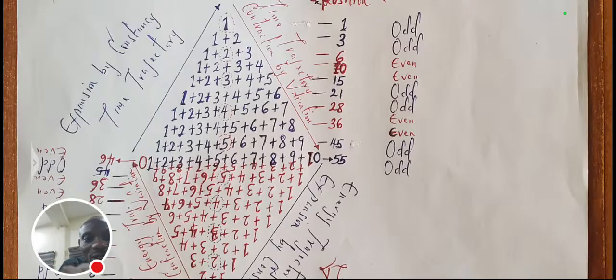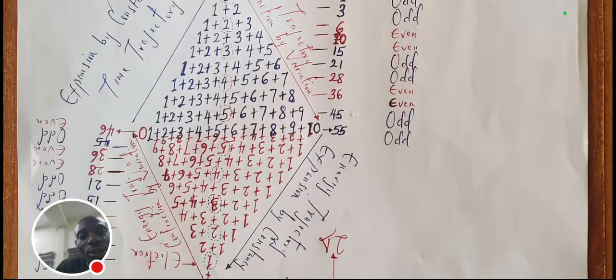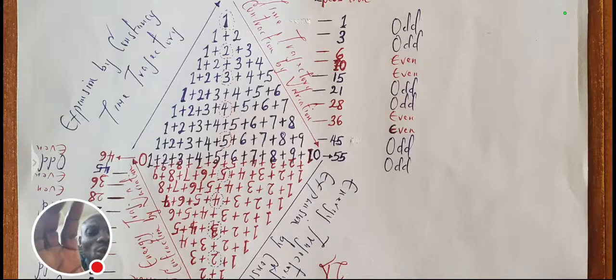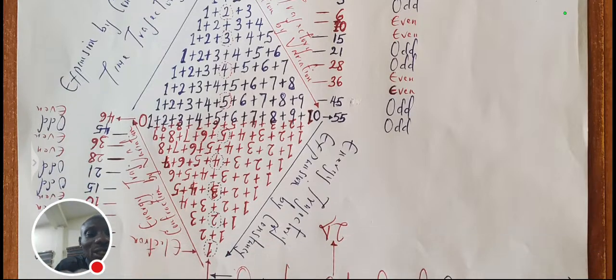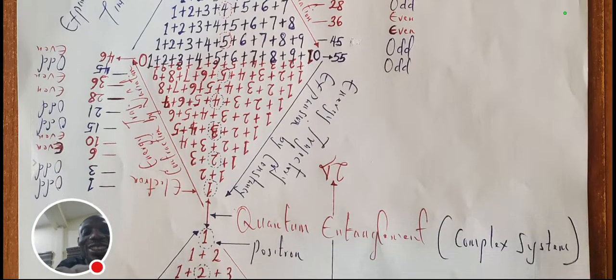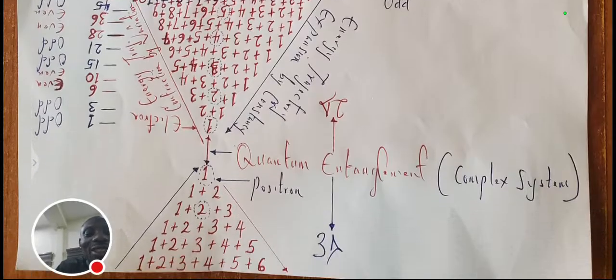If you consider this single equilateral triangle of the blue pattern, we only have 0 here at the right side, and then we have 1 here. But the moment we have the flipped version of this equilateral triangle in this red pattern, then we're able to have, now this blue equilateral triangle is non-existent without this red equilateral triangle, and yet this red equilateral triangle is non-existent without this higher equilateral triangle.